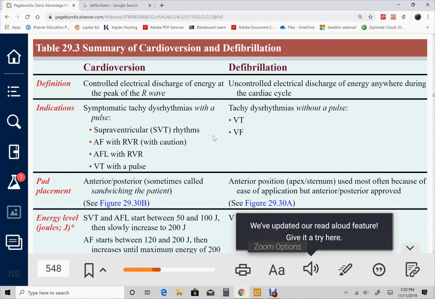Obviously, the defibrillator is used only for two rhythms: pulseless VTAC and ventricular fibrillation. There are two types of VTAC, which we'll discuss later under ventricular dysrhythmias. VTAC can be with a pulse or pulseless. If it is pulseless VTAC, or the patient is in VFib, then the patient will receive defibrillation.